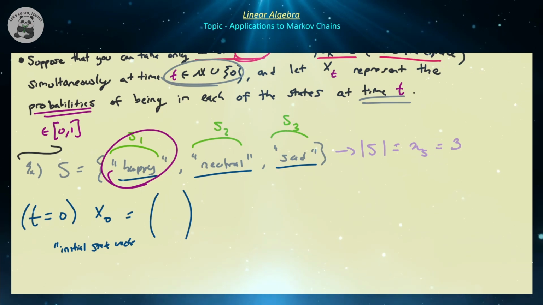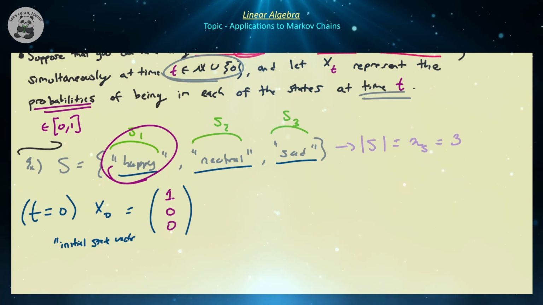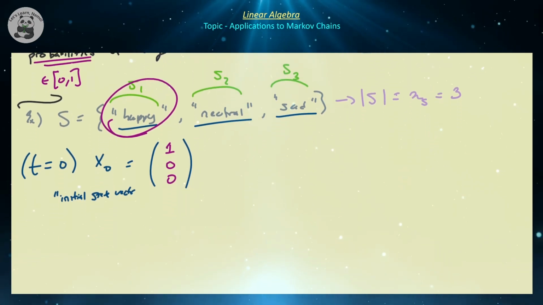That means the probability at time t equals 0 that we're happy is going to be equal to 1. And if we're happy at time t equals 0, that means we're definitely not neutral and we're definitely not sad. So the probabilities for each of the others are going to be equal to 0. Obviously, if you start in the neutral state or the sad state, then those would be 1 respectively and everything else 0. But let's assume that this is where we start.